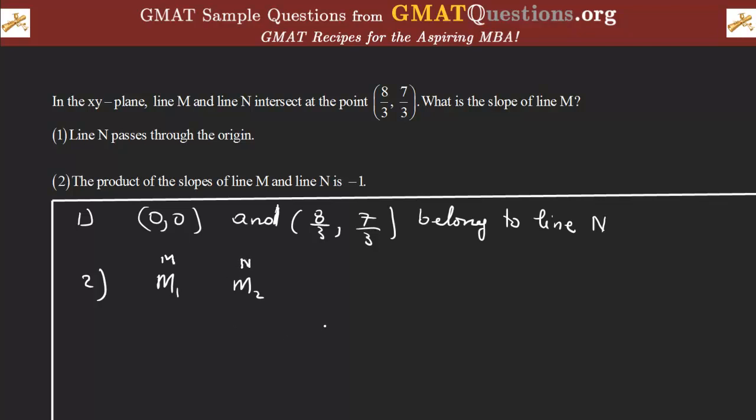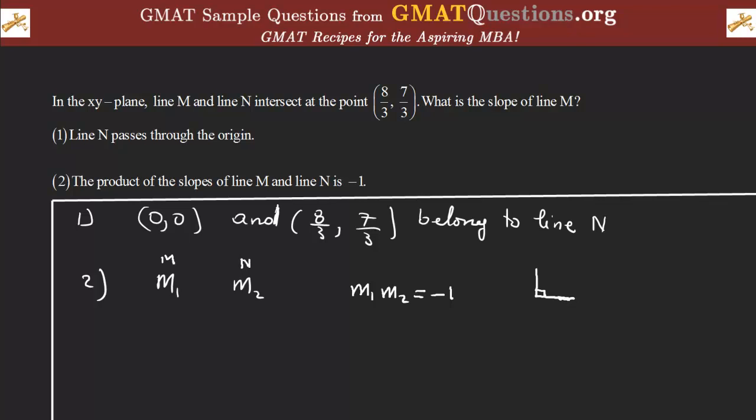Okay, so we are told that M1 times M2 equals -1. What does it mean? Obviously it means that M1 is -1 over M2, but this also means geometrically that the two lines are perpendicular. They form a right angle, essentially something like this.